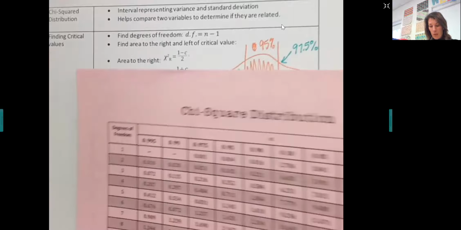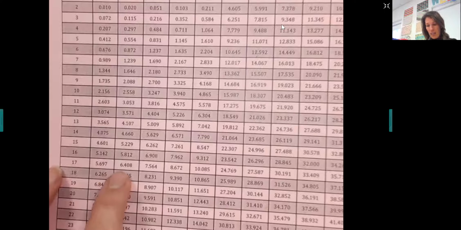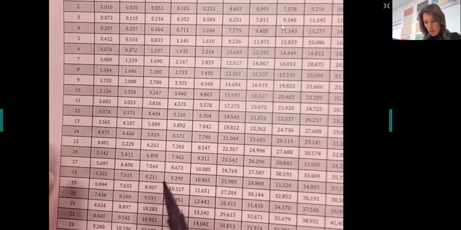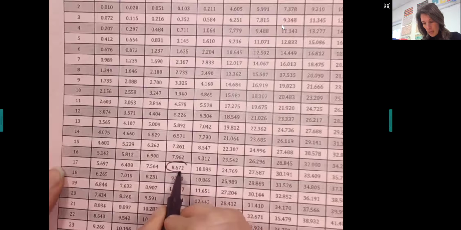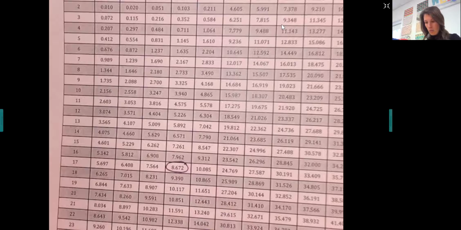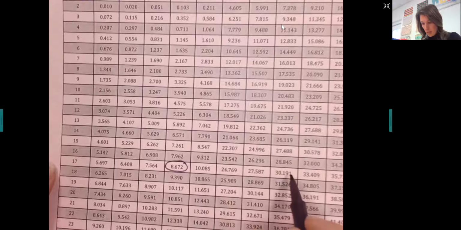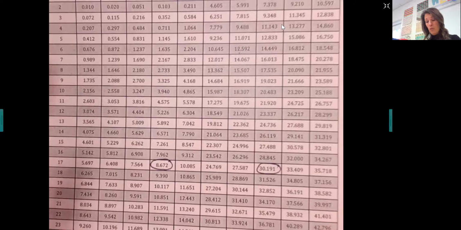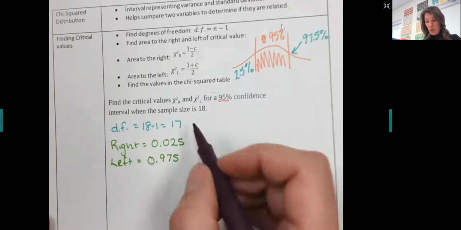Then you are going down to a degrees of freedom of 17 and finding those two values. Those two values are 8.672 and 30.191. Everyone needs to be able to find this on their pink sheet. Those are my two critical values.